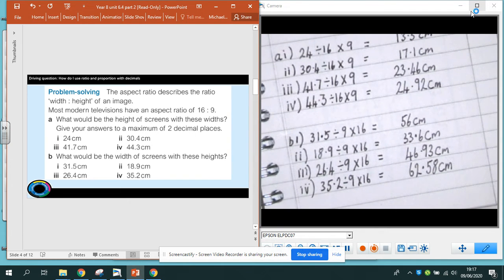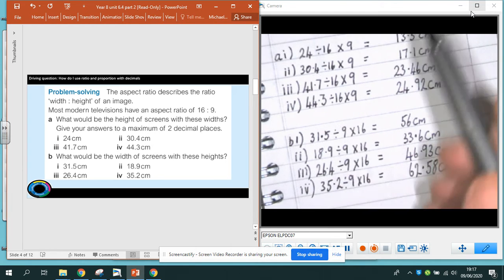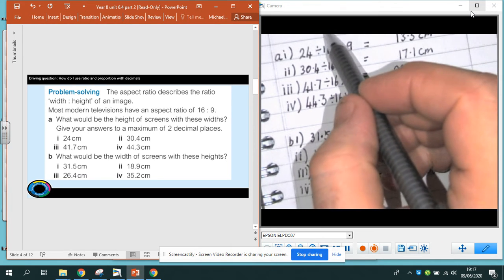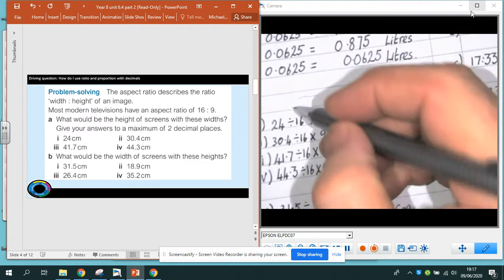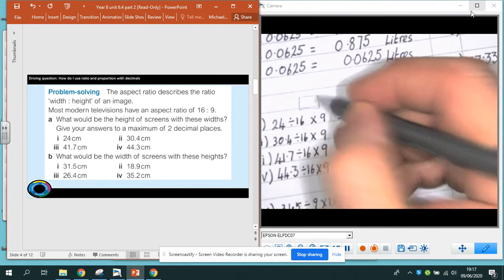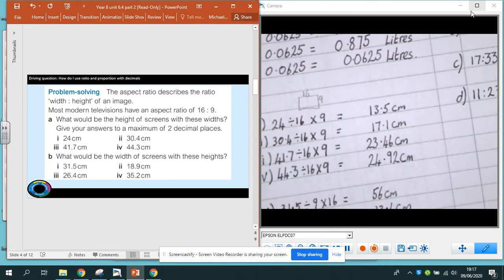Okay, so for the first one, just level for a moment. I'm going to just do a very small little diagram. For our screen, we have 16 across by 9 up or down. So if I know how wide it is, which I do, I need to work out how tall it is.